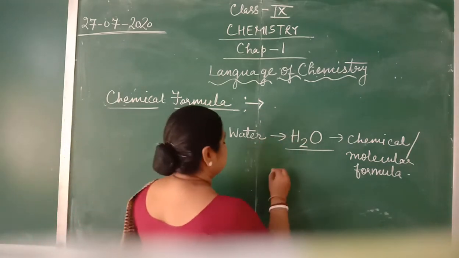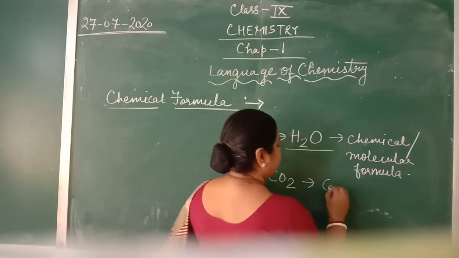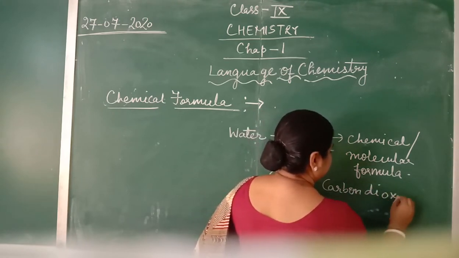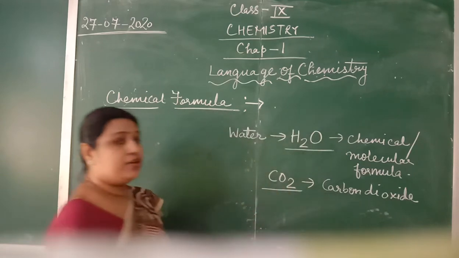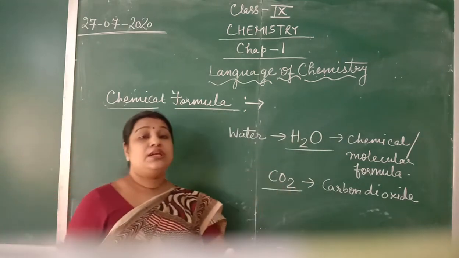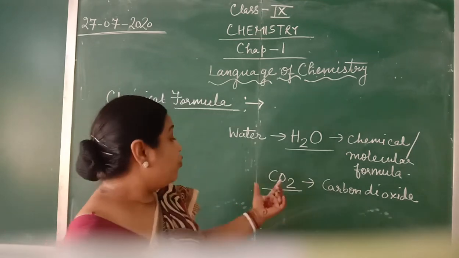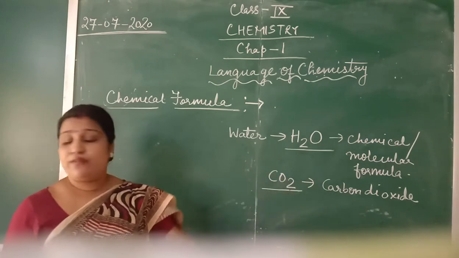If we write CO2, it is the chemical formula of carbon dioxide. As I told, the symbol represents 1 atom of the element. Then what information are we getting from the chemical formula?